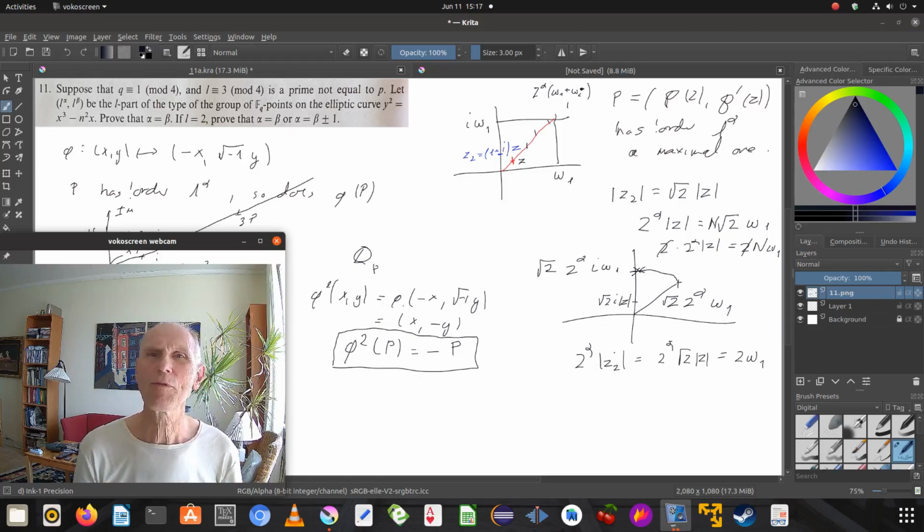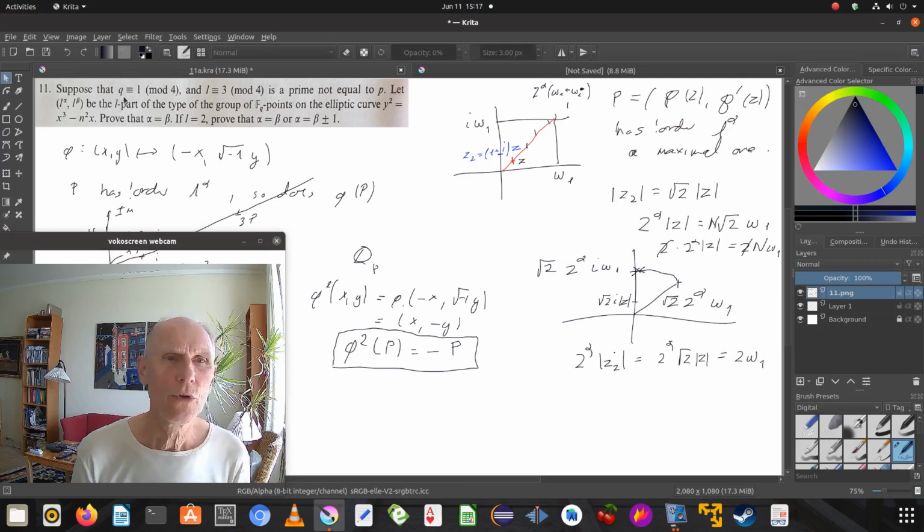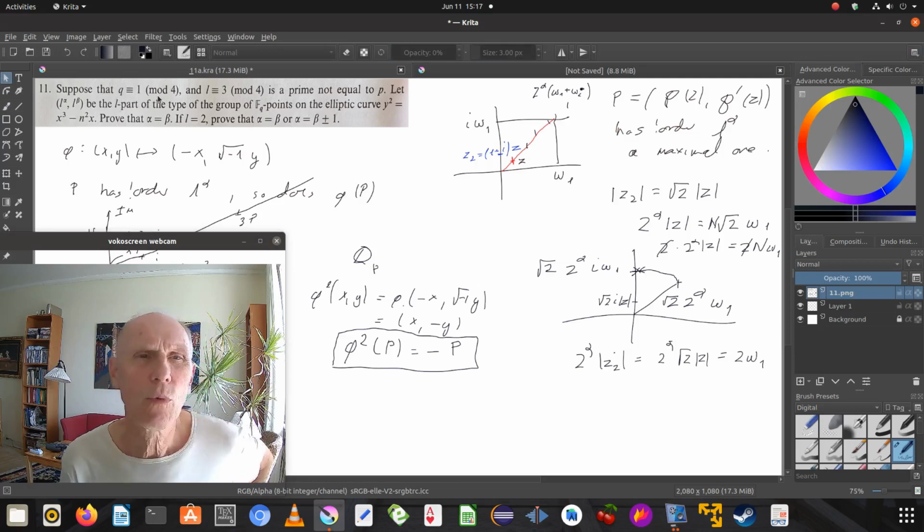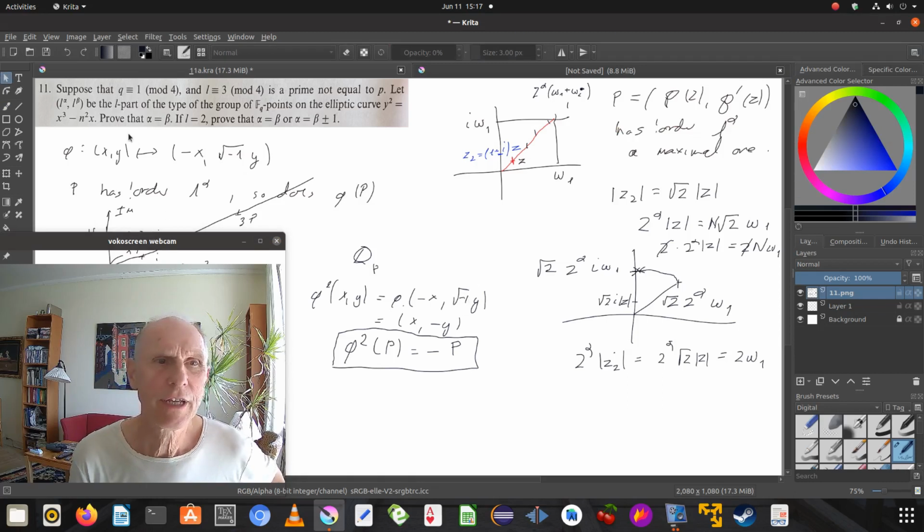I think I have solved the problem now. When Q is equivalent to 1 modulo 4, square root minus 1 lies in FQ. So this is an automorphism. So far so good.